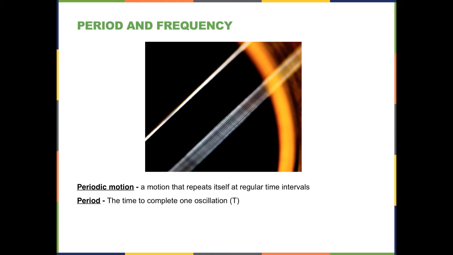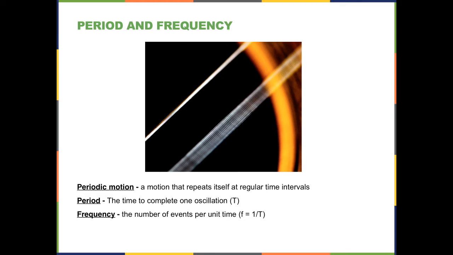It might go down, pass through the equilibrium point, go up, and then come back down. It's when it comes back down that second time that you have gone through one complete oscillation, and the time to complete that is a period.